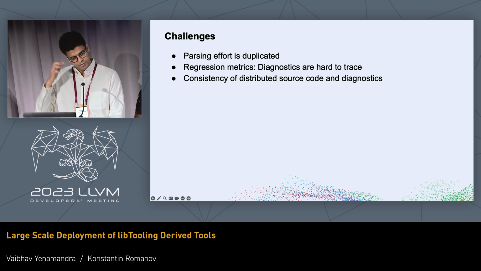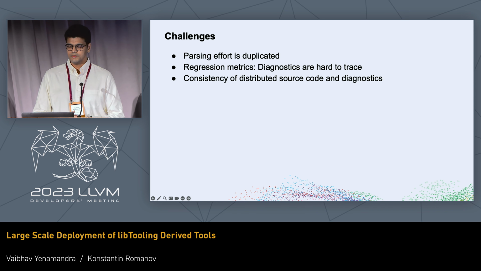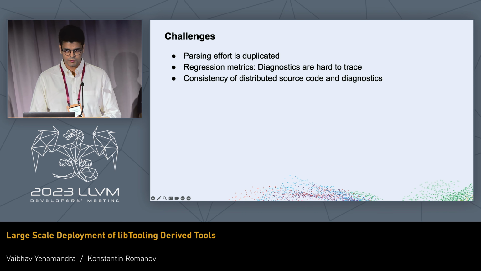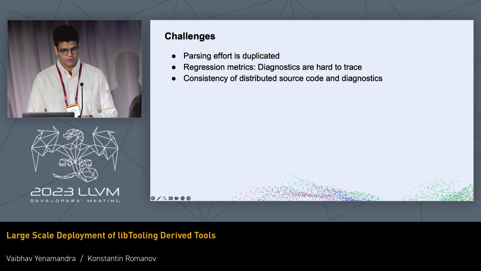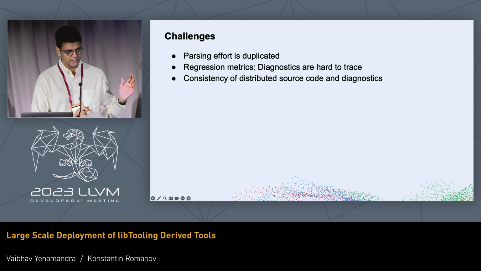Then the next big challenge would be how do you generate metrics on regressions? Because I think most C++ compilers don't have any stable identifiers or hashes for diagnostics. I think only MSVC has identifiers for diagnostics, but someone can correct me if I'm wrong. But there are also no hashes that go with the diagnostics that can link them to the piece of source code that they're talking about.